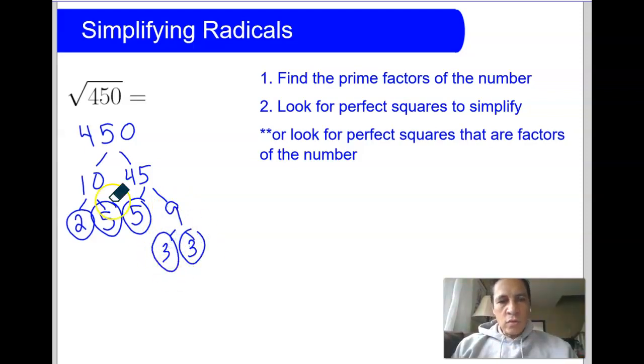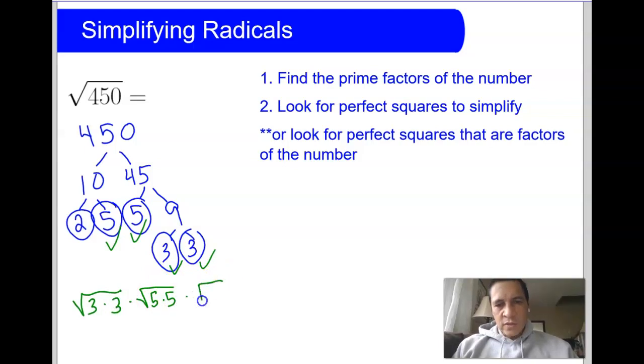And again, I am looking for these perfect squares here. So to simplify the square root of 450, I am going to rewrite that expression as the square root of 3 times 3 times the square root of 5 times 5 times the square root of 2.